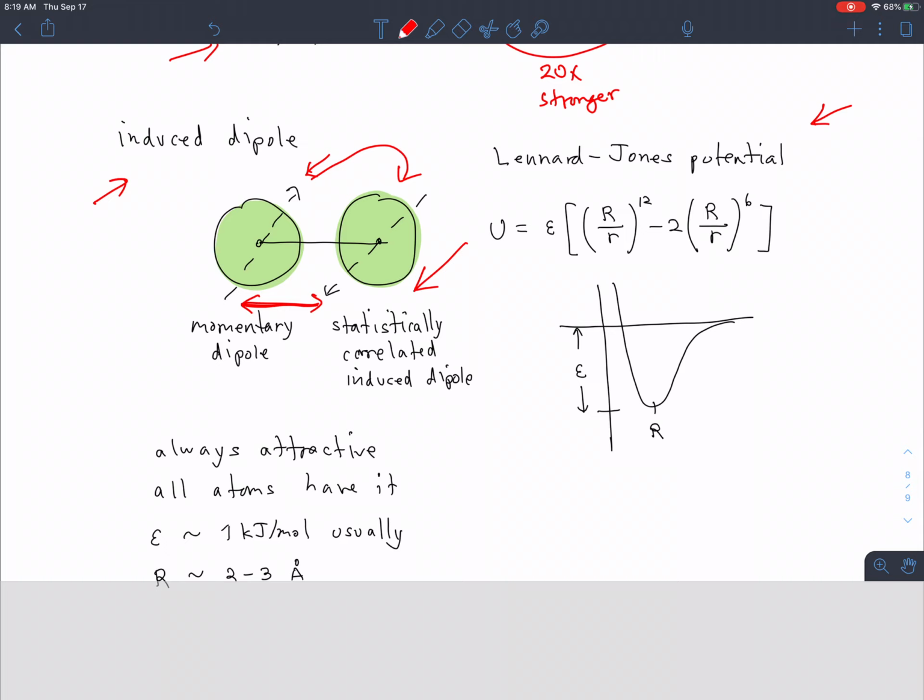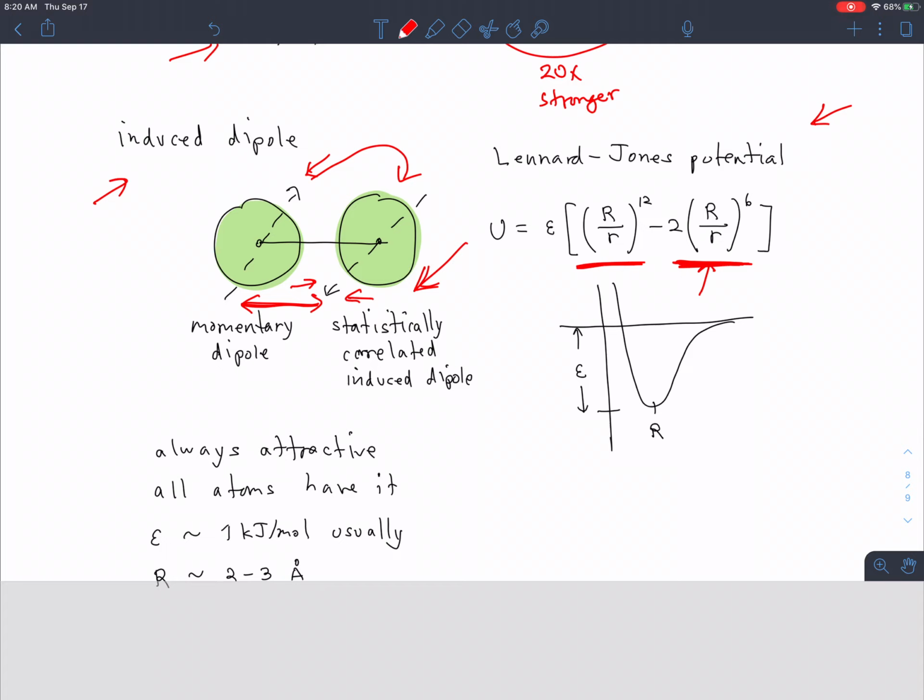That interaction, the induced dipole, really it's just this term that's the induced dipole part. This other term here is accounting for repulsions between the atoms when they start to actually bump into each other. That's the hardcore repulsion between 2 atoms that says that two atoms don't want to overlap with each other. And so really this second term here is the only part that's really induced dipole.